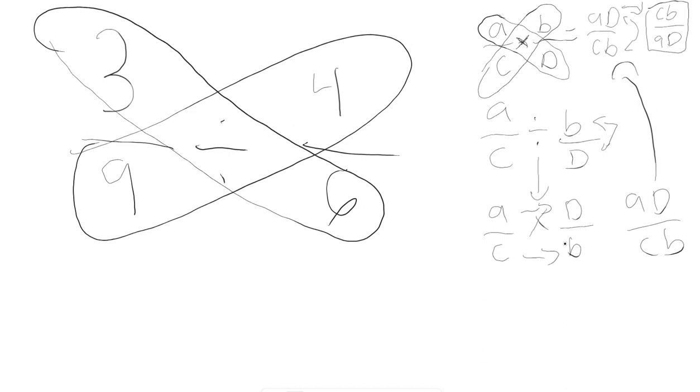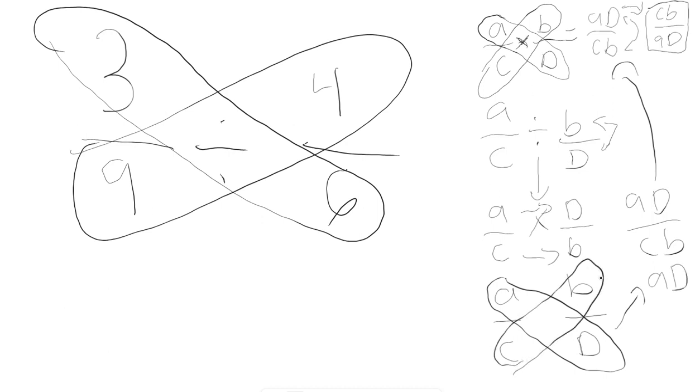Now, if you're also cross multiplying with division, you will end up with the correct answer, because if you would have cross multiplied A over B, C over D, your D would have went up here and you would have had AD and your CB would have went down here, which would have been CB, which is the same as if you would have gotten the reciprocal of the second fraction and then multiplied straight across.